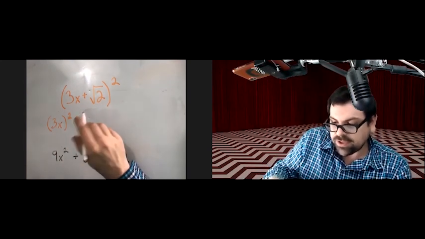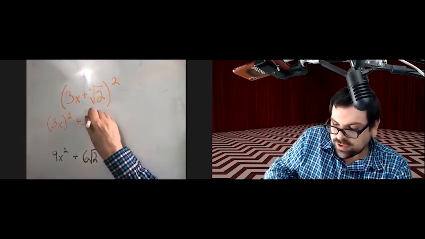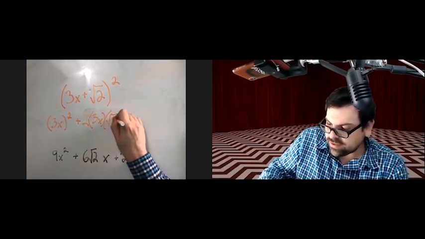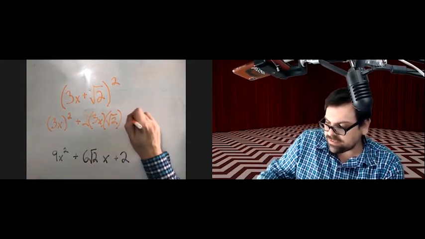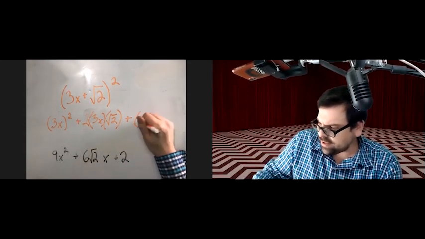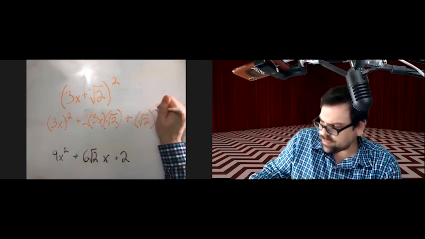Well, I don't want to do that yet. Let me just write it out. 2 times the first times the second, and then always plus, no matter what's inside, the second thing, radical 2 squared.